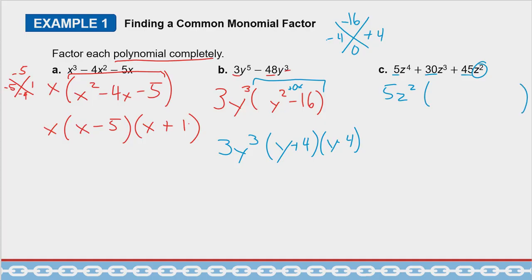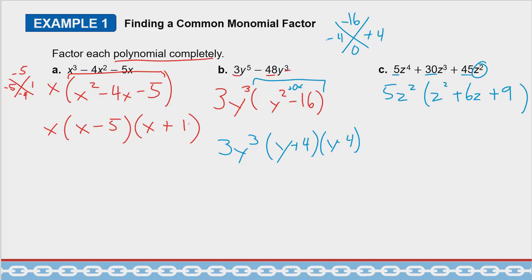So 5z to the 4th divided by 5z squared would be just z squared. And 30z to the 3rd divided by 5z squared: 30 divided by 5 is 6, and z to the 3rd divided by z squared is z. 45 divided by 5 is 9, and z squared divided by z squared is 1. So I'm just going to have that 9 there.